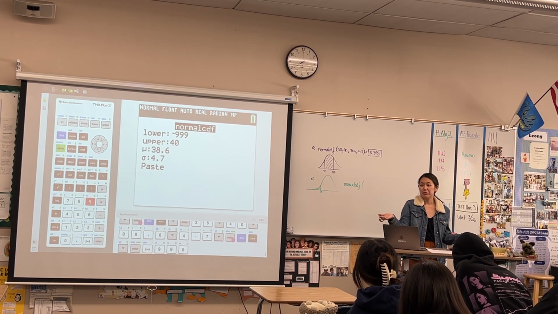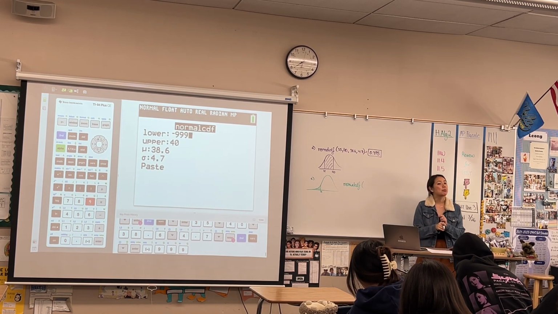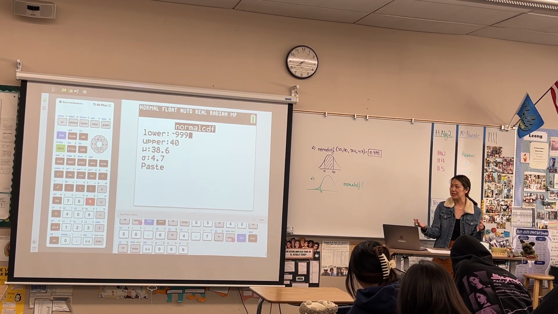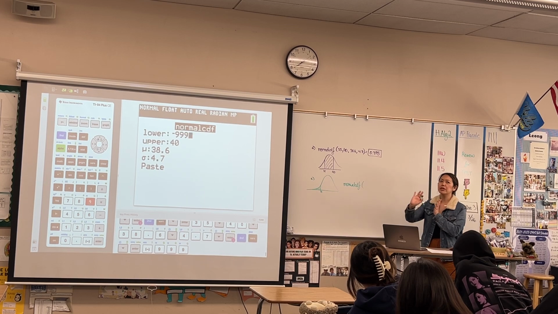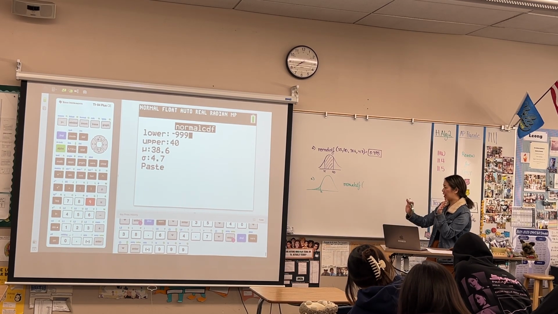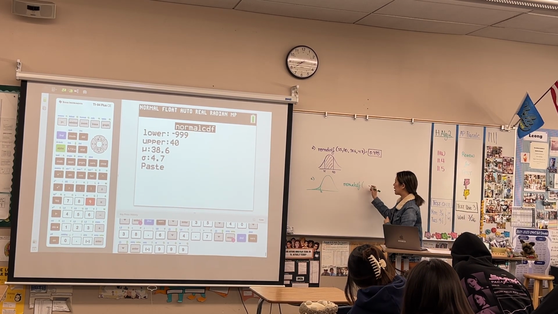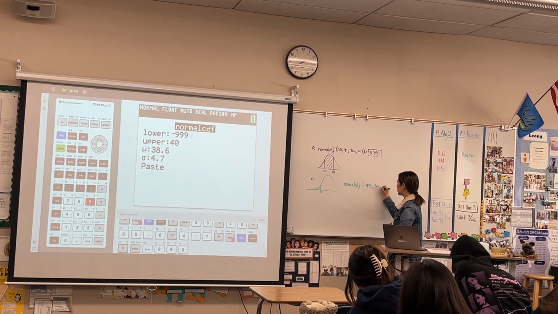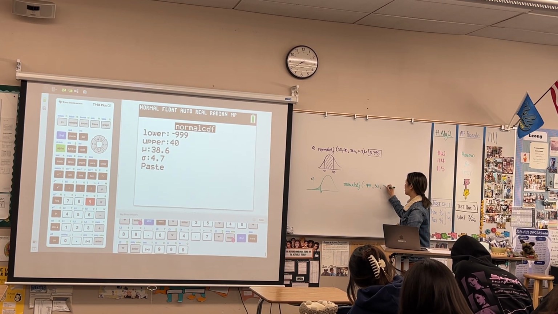For the lower bound, use a big number, either 0 or a negative big number. I know the negative doesn't make sense in the context of this problem, but it could make sense in other contexts. So you just want to give a really, really low number. Okay, so either 0 or negative 999, it's up to you, up to 30 with the same mean and standard deviation.